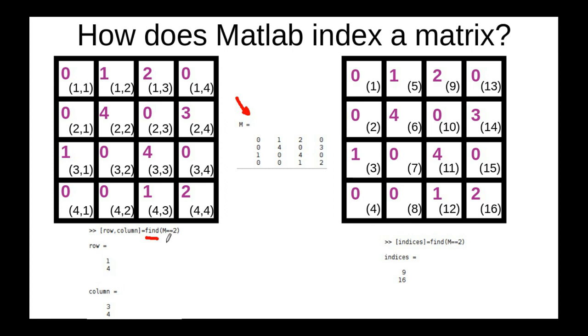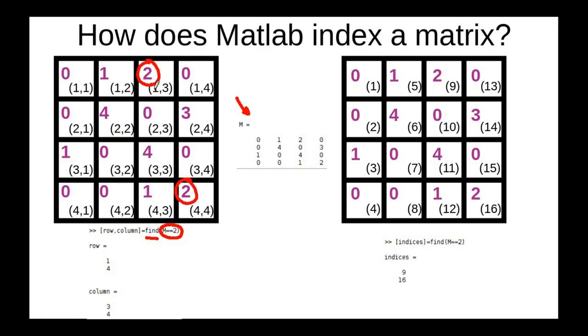find.m that finds what I have written here as an input argument. Here we will find all the indices in M whose contents are equal to 2. So as you can see here, I have this equal to 2 and this equal to 2.